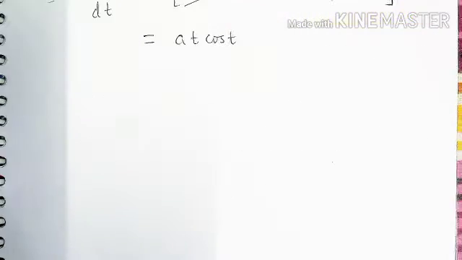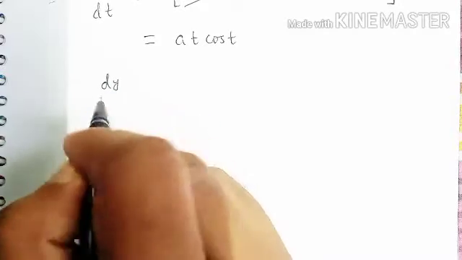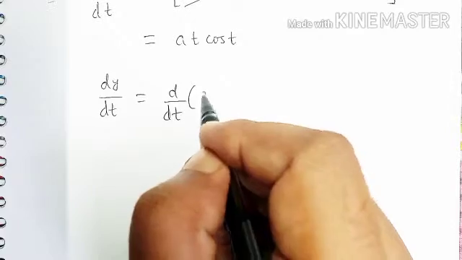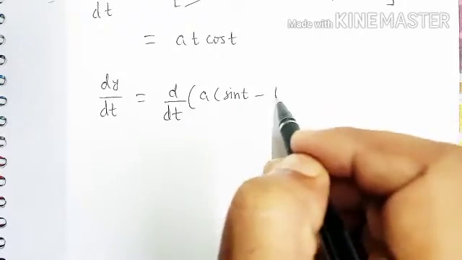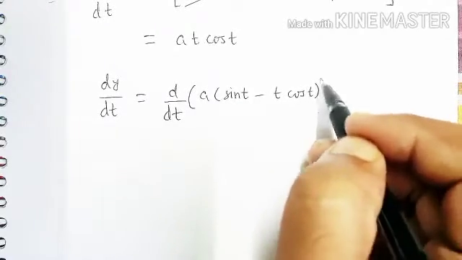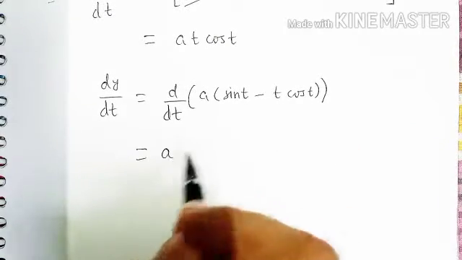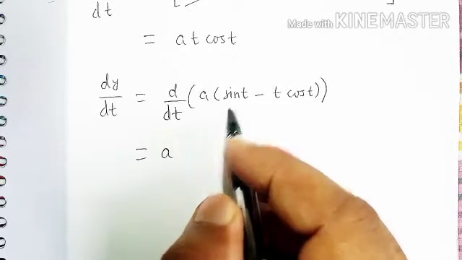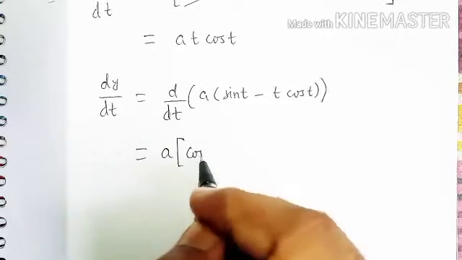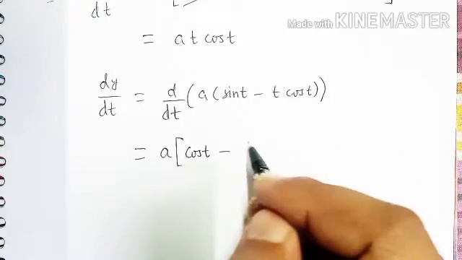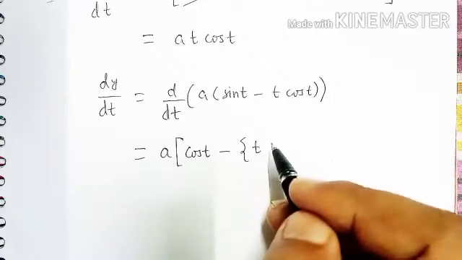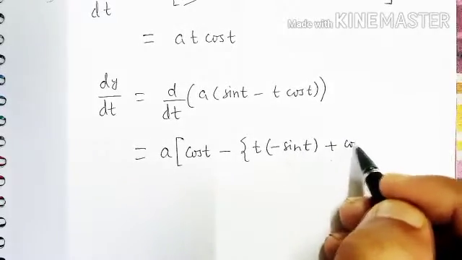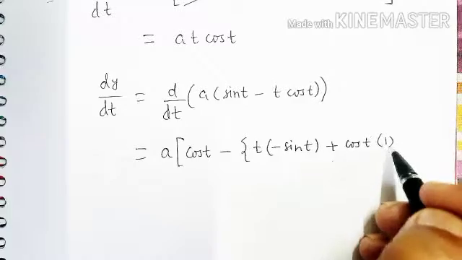Now dy by dt. Here y is a sin t minus t cos t, so a comes before, and the derivative of sin t is cos t, minus t into derivative of cos t, which is minus sin t, plus cos t, and the derivative of t is 1.